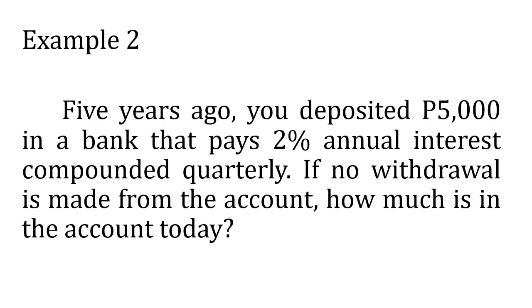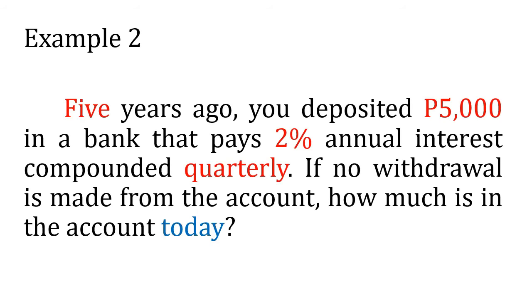Example 2. 5 years ago, you deposited 5,000 pesos in a bank that pays 2% annual interest compounded quarterly. If no withdrawal is made from the account, how much is in the account today? So let us analyze the given in this problem. 5 years ago, so that's the time, deposited 5,000 pesos in a bank.